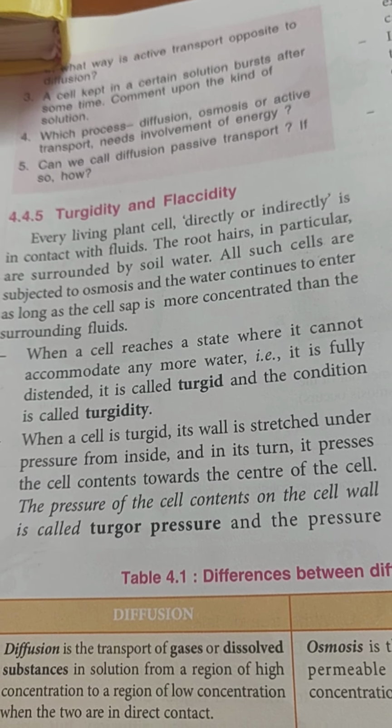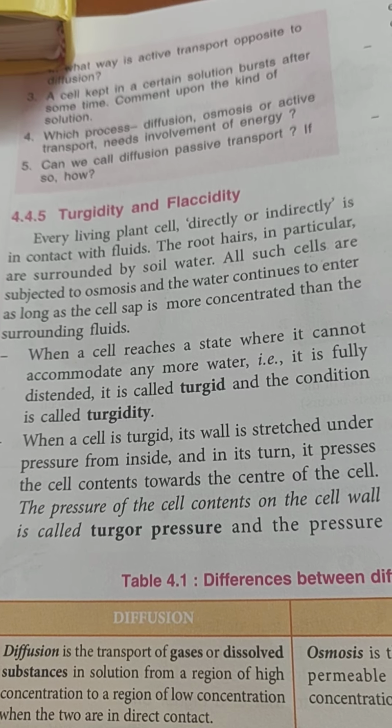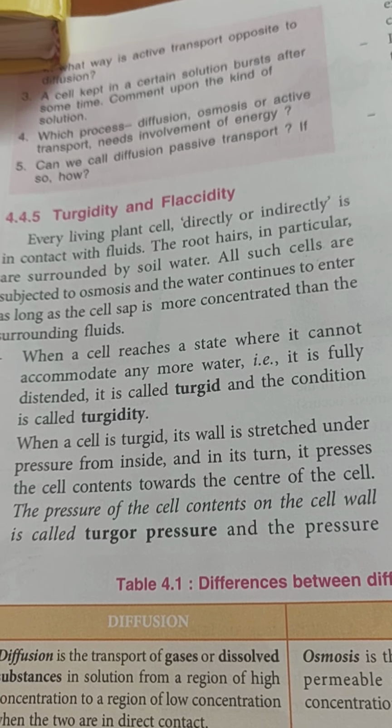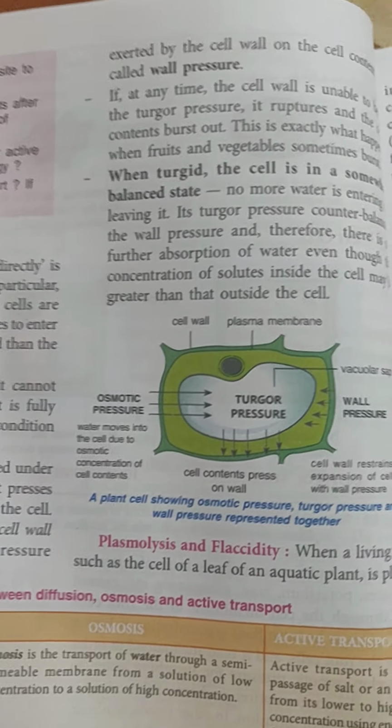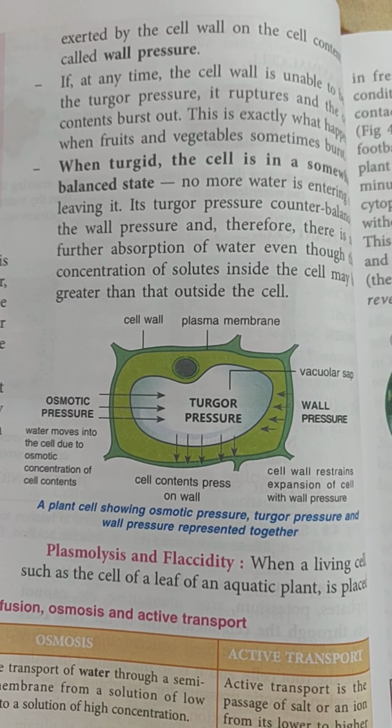The pressure of the cell contents on the cell wall is called turgor pressure, and the pressure exerted by the cell wall on the cell content is called wall pressure.